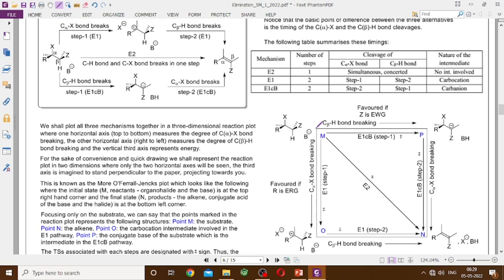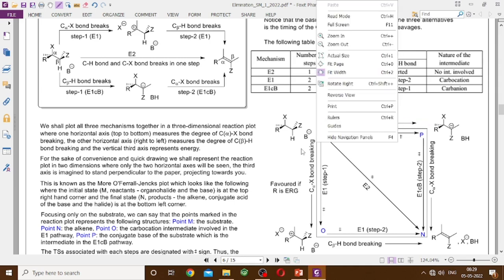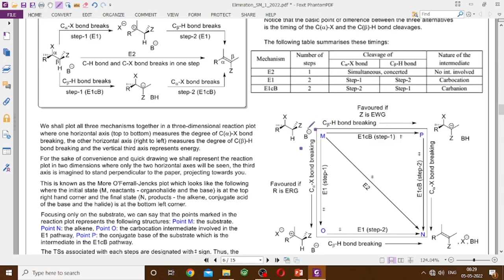We are more interested in these two dimensions. একটা অ্যাক্সিসে আমরা প্লট করছি সি বিটা হাইড্রোজেনের বন্ড ব্রেকিং। So this is where your organobromide is, your CH bond is intact, your CX bond is intact, but as you travel along this axis, the C beta hydrogen bond is breaking.